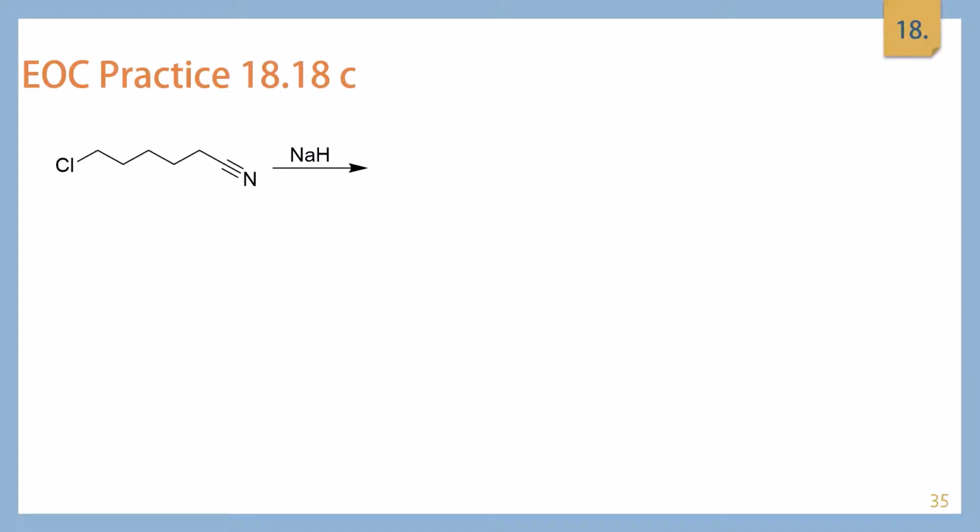But you have to ask yourself, what reaction is faster, deprotonation or nucleophilic substitution? And the answer is deprotonation. Deprotonation is so much faster. Nitriles were on that list of things that count as activated hydrogen compounds. So this hydrogen is quite a bit more acidic than any other hydrogen on this molecule.